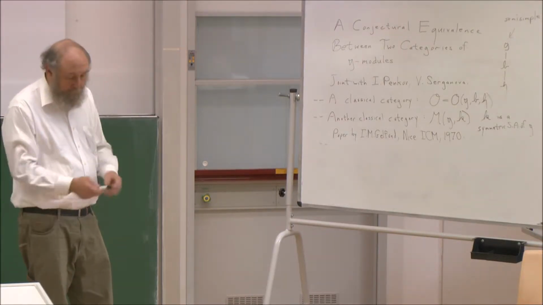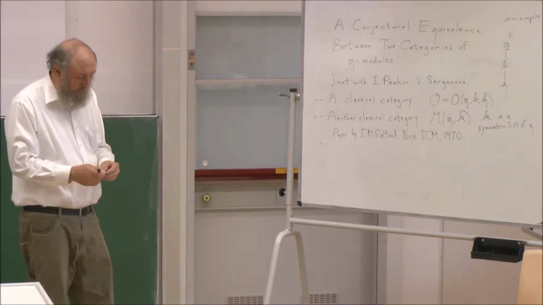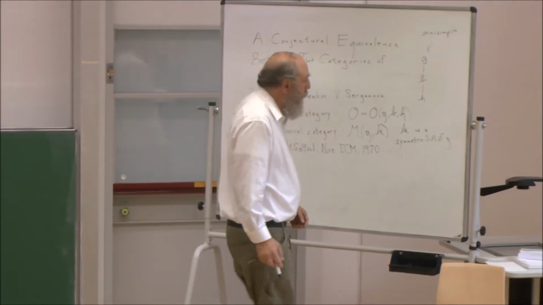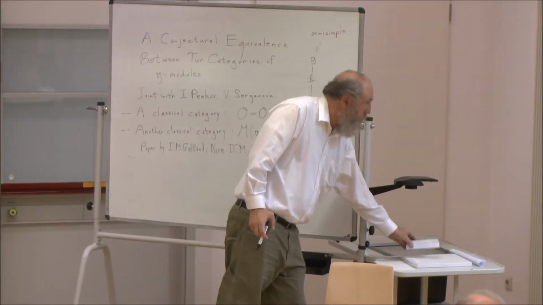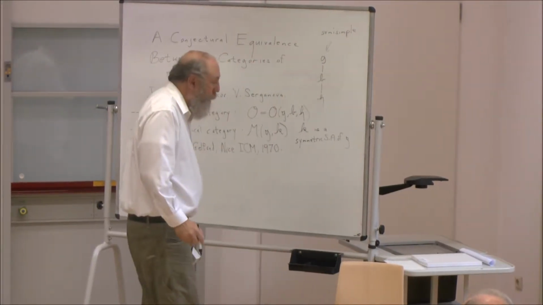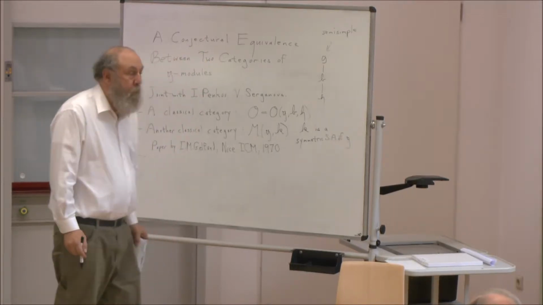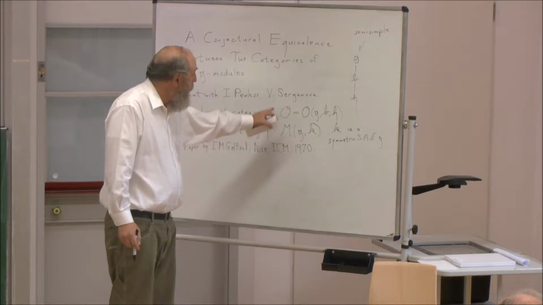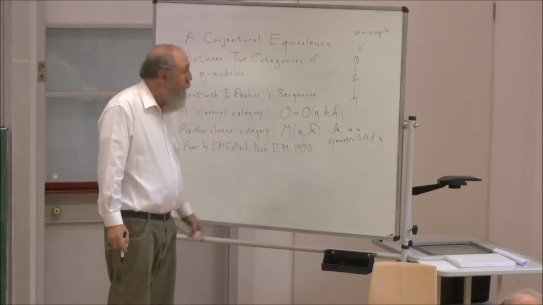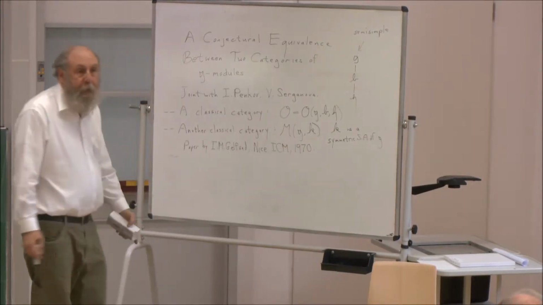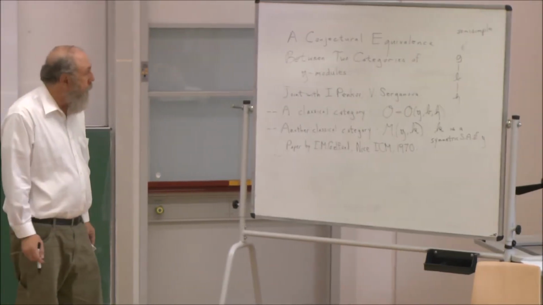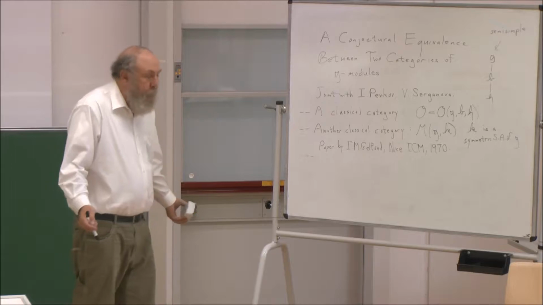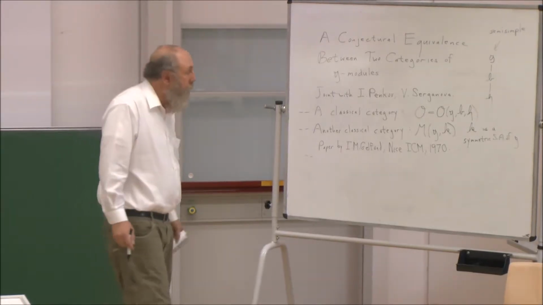In fact, this has been a very fruitful idea. You can go in both directions. You can try to start with an object in (G,K) modules and go to an object in category O, or you can try to start with an object in category O and go to an object in (G,K) modules.